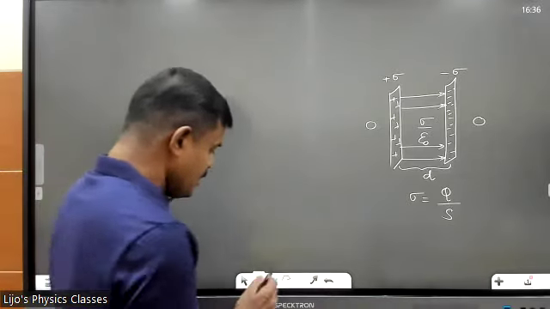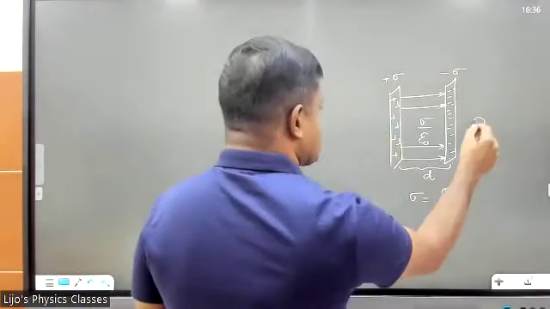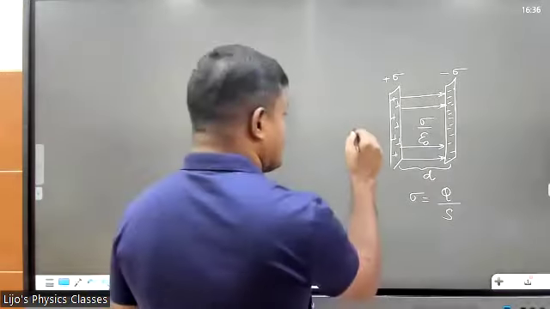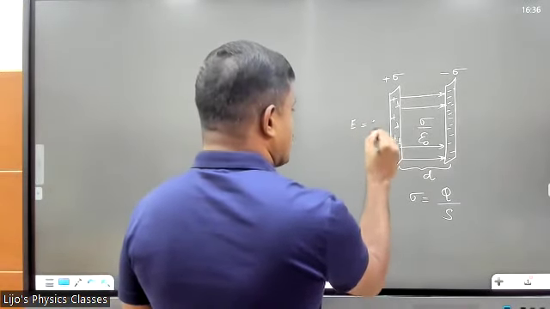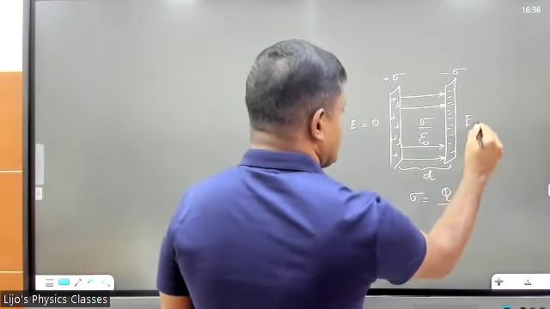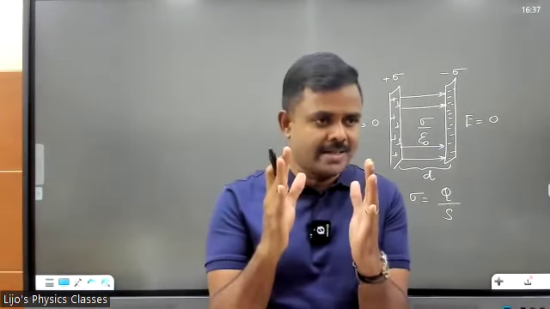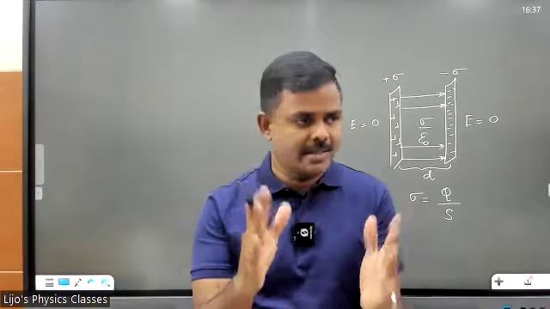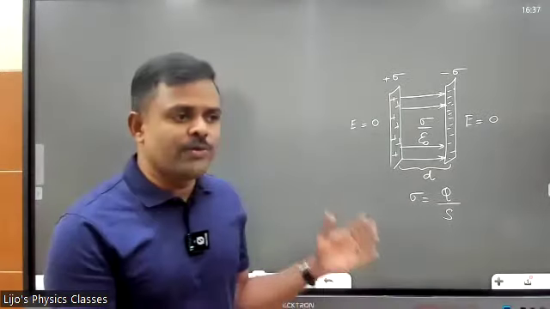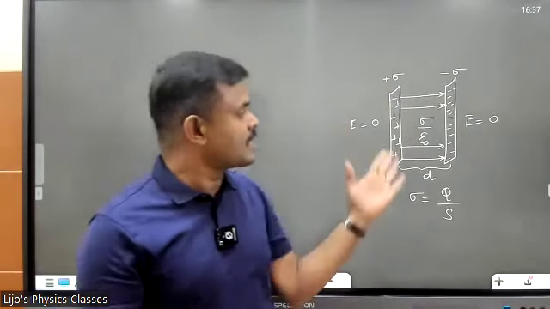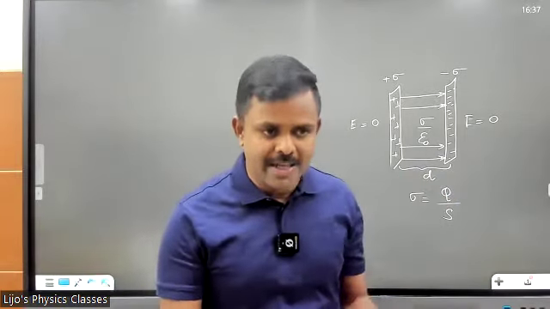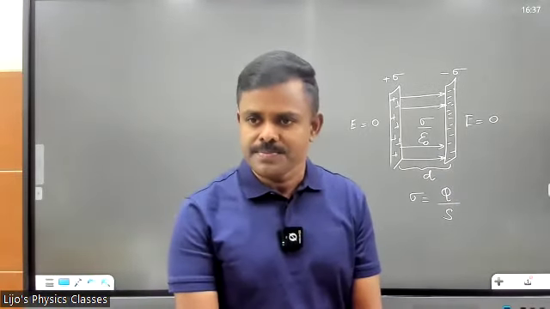I repeat one more time. There is something called a capacitor, or a condenser. Capacitor is also called condenser. For a condenser, there will be two parallel plates side by side, the left plate and the right plate. First plate has positive charges all over it. Second plate has negative charges, right?